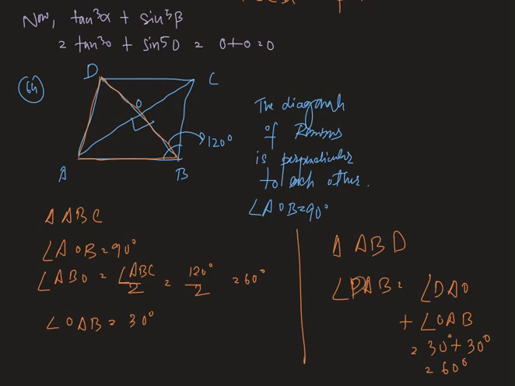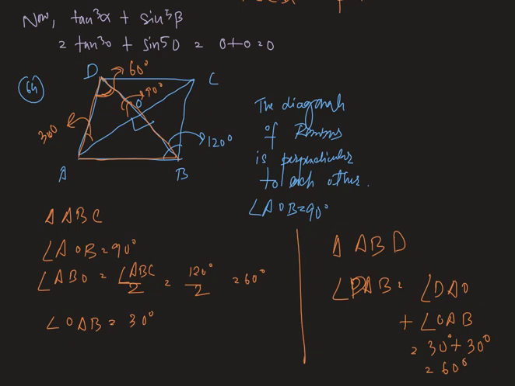Now angle DAO is 30 degree because angle ADO is 60 degree, that is half of 120 degree, and angle DOA is 90 degree. So from this we get that angle DAO is 30 degree.